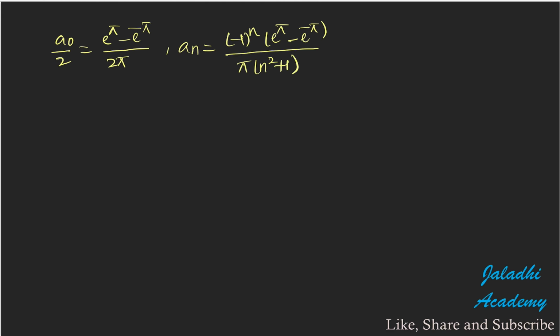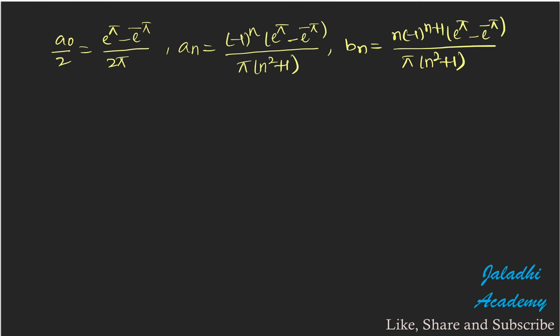That is what we computed just now. And then a bit later we computed the b_n value, n times (-1)^(n+1) into (e^pi - e^(-pi)) divided by pi into (n^2 + 1).